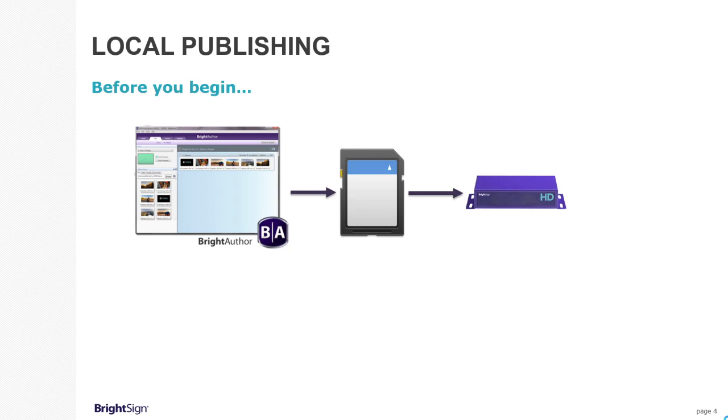It ships in an absolutely clean and pristine state. There are no network settings enabled in a player, and therefore, since you plan to publish directly to an SD card, none are required. However, in order to publish via an SD card, you are going to need a card.